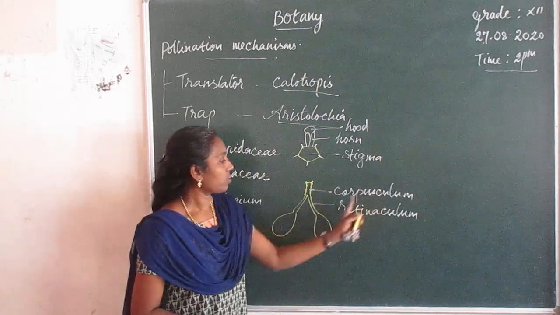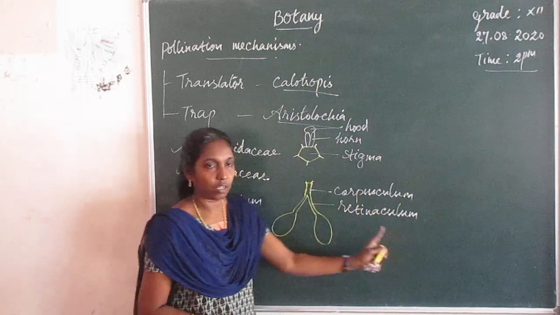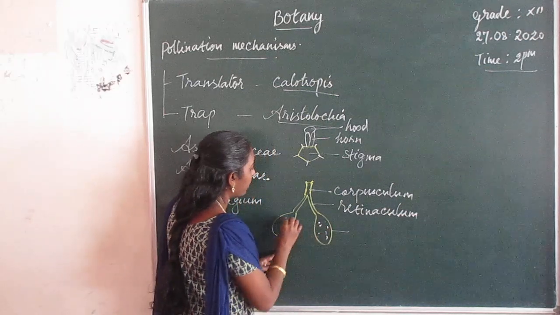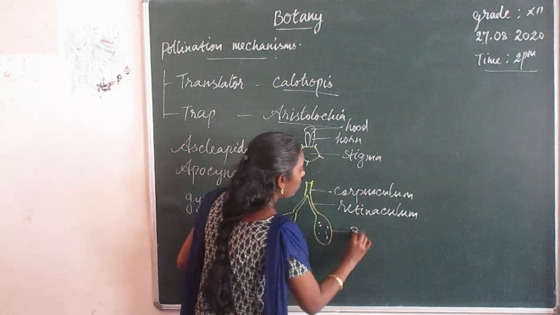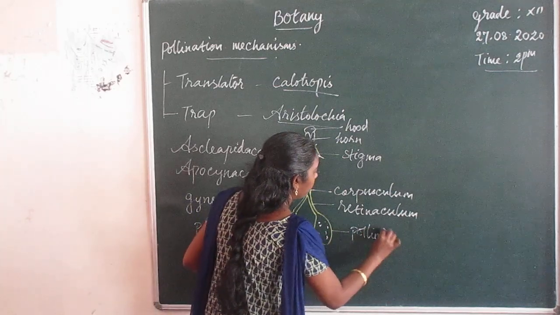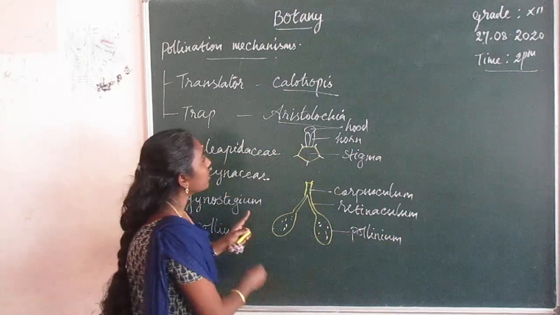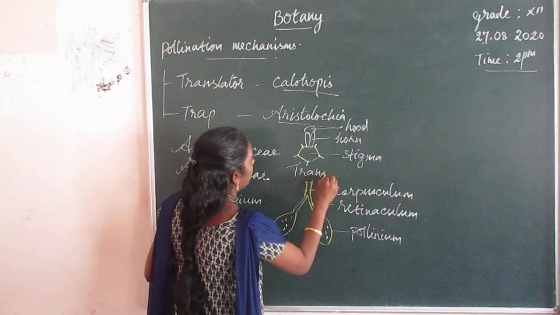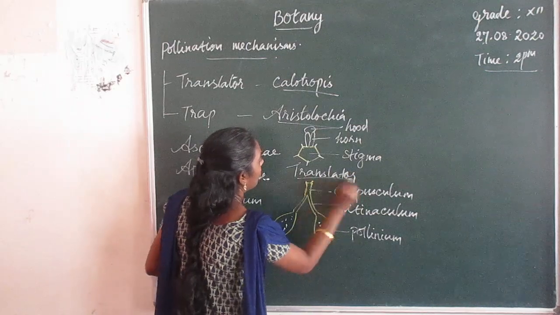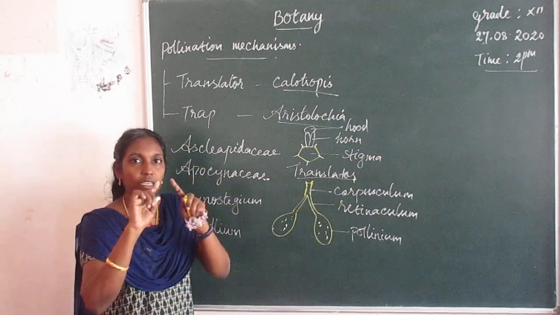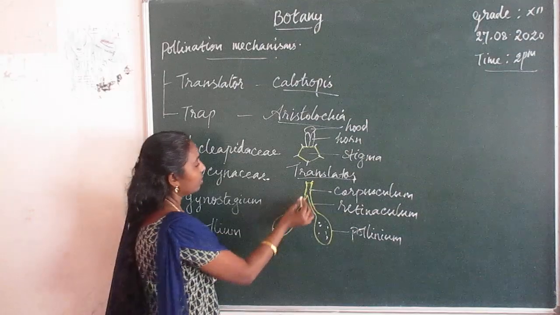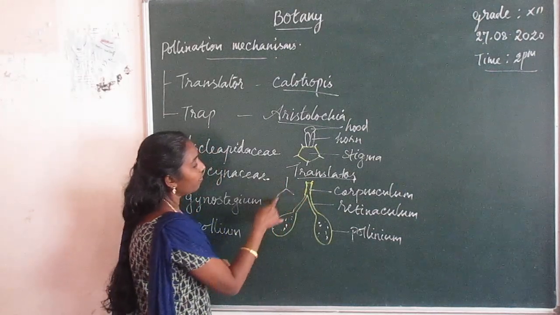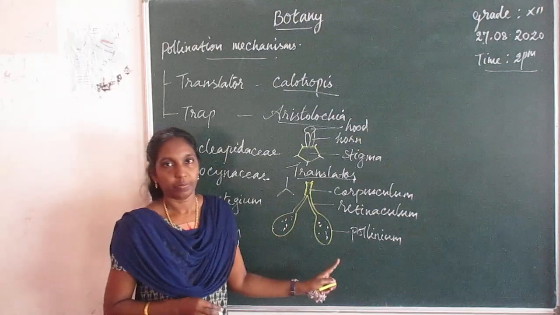This part is corpusculum, this part is retinaculum, and this bag-like structure which possesses the pollen grains is called pollinium. The entire structure is named the translocator. It looks like the inverted shape of the letter Y.